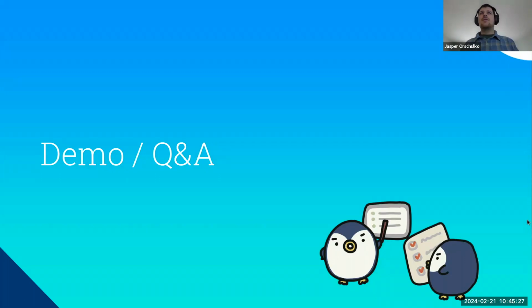All right. So if there are no more questions, I will just do a quick demo. So I have an embedded Linux setup here. I'm using CAS in this setup.